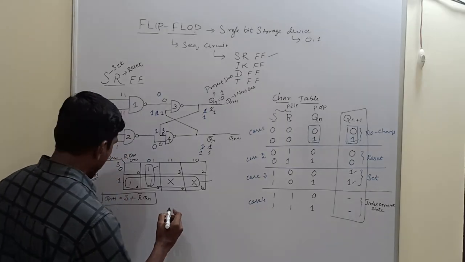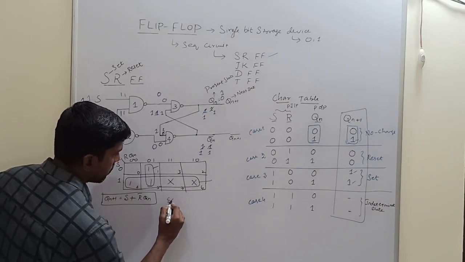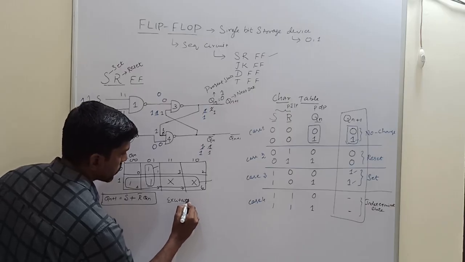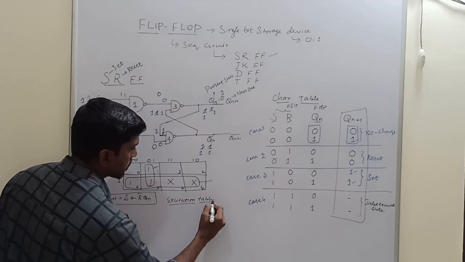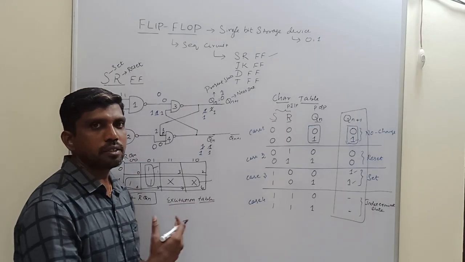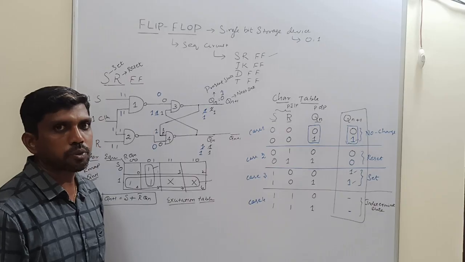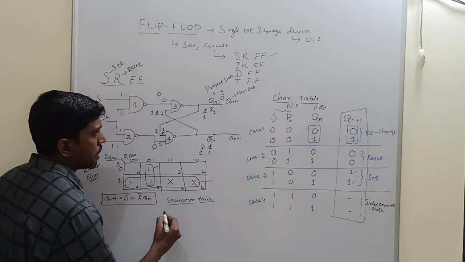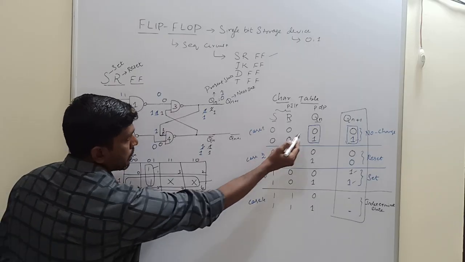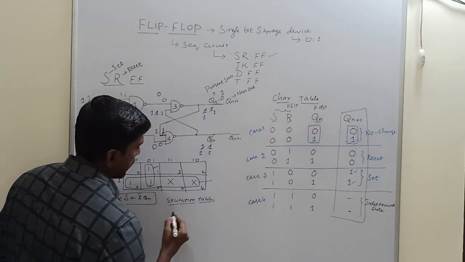Then I write the excitation table. It's a very important thing. Using this excitation table only, we will change one flip-flop to another flip-flop. Realization of flip-flops we will discuss in upcoming videos. Here we take the present state and next state.